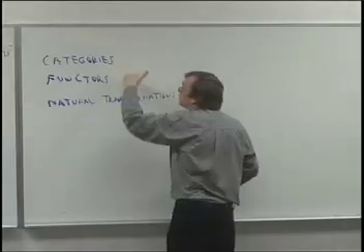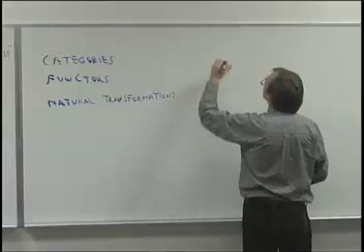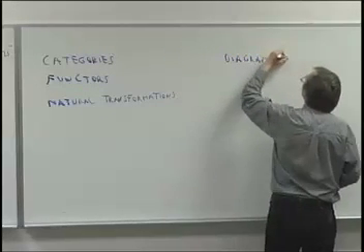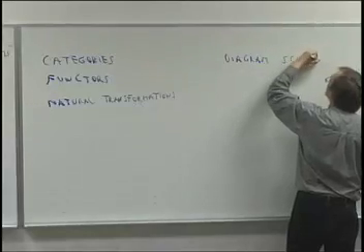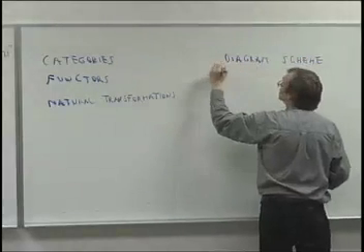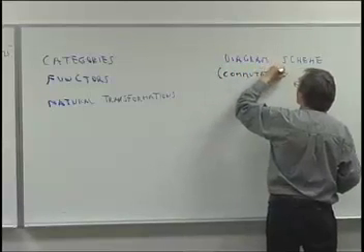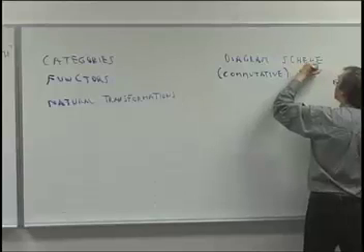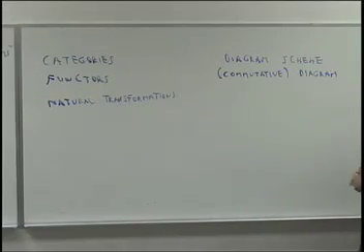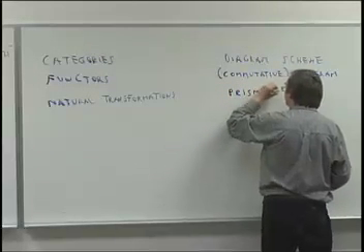A way of pictorially representing these things is that you draw a category as what's called a diagram scheme, and you represent a functor as a commutative diagram, something I just called a diagram. And then you represent a natural transformation by what I would call a prism diagram.